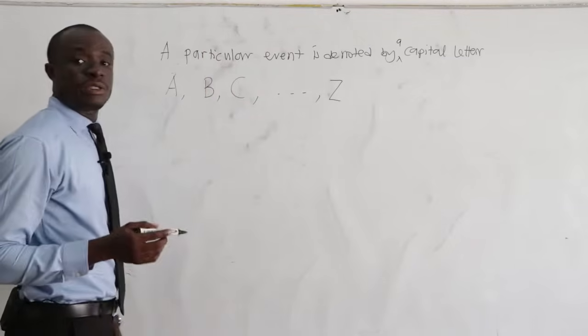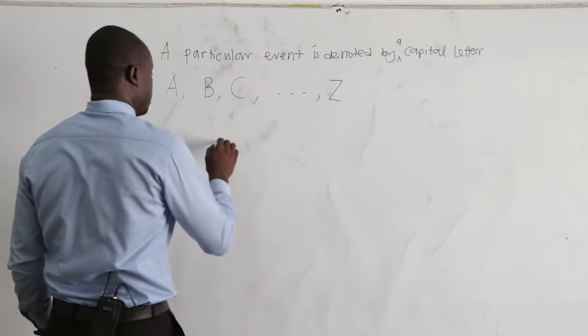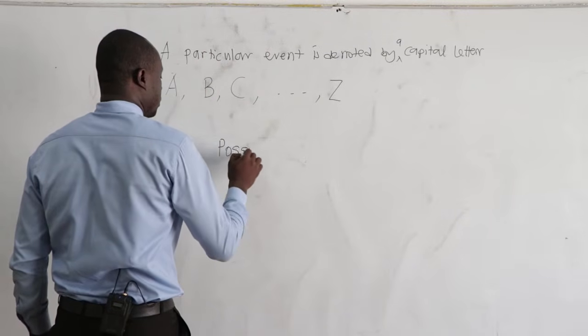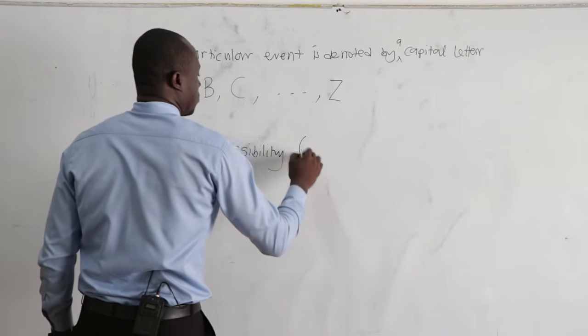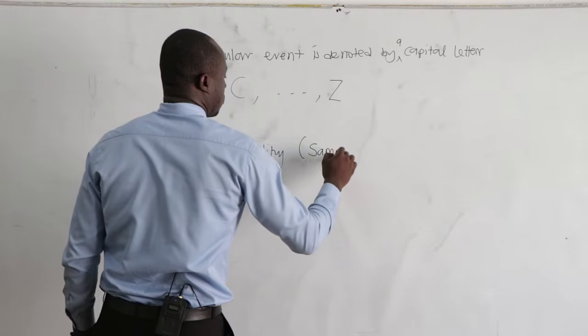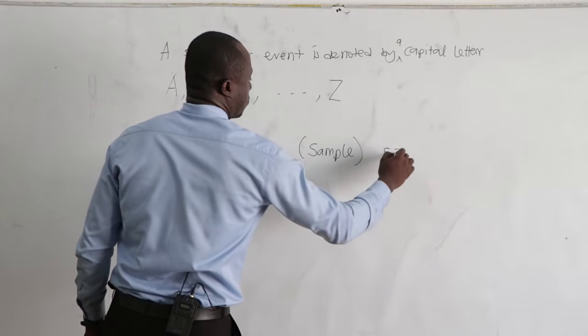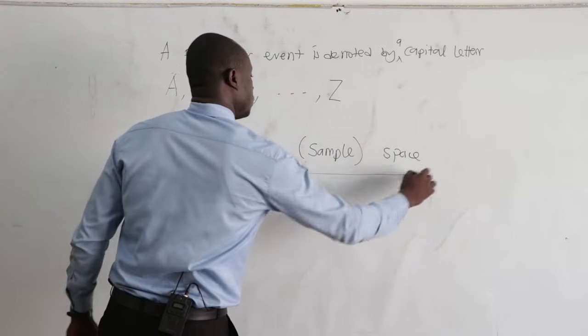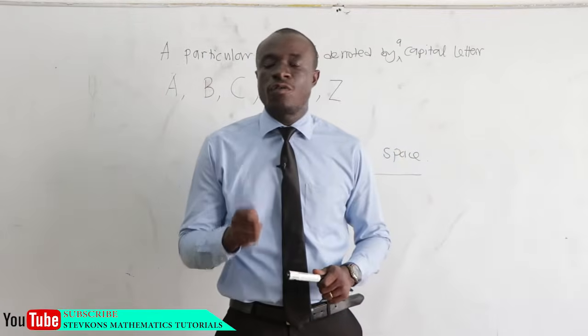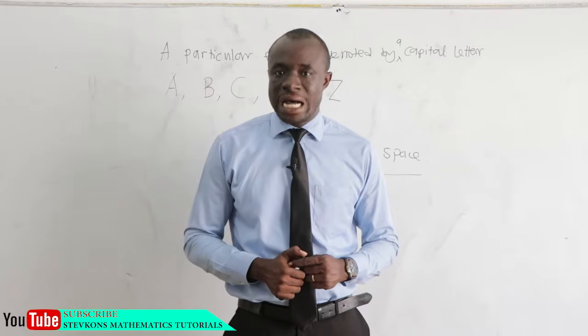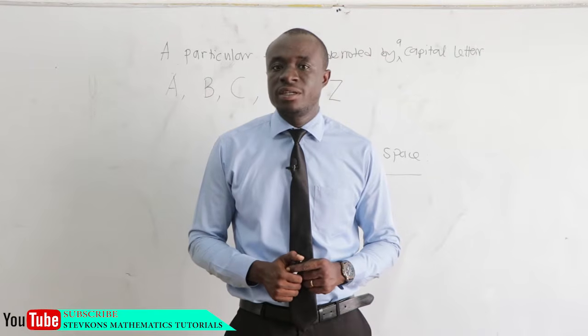Now the next thing we'd like to look at is possibility. Now, the possibility space is a set of all possible outcomes of a given event.